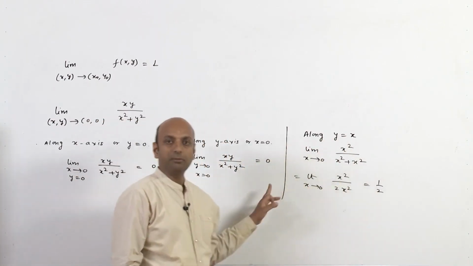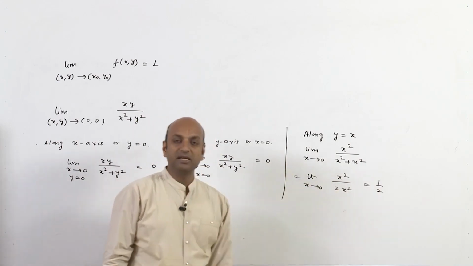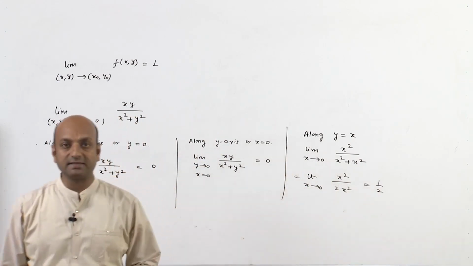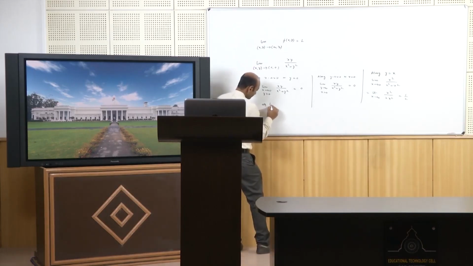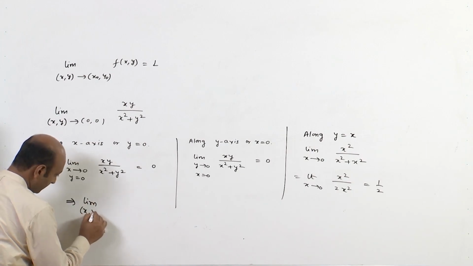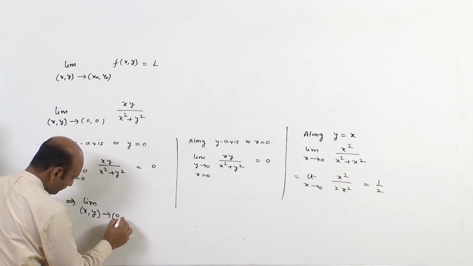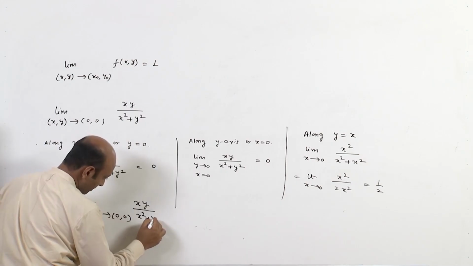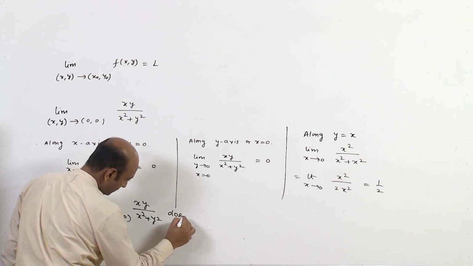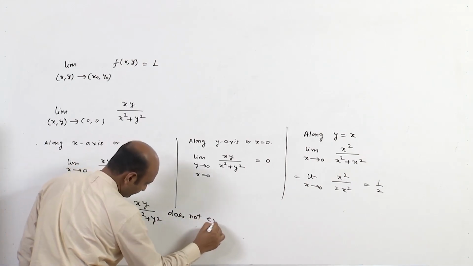So, the values are not the same, they are different. This means this limit does not exist. So, we can simply say this implies the limit as xy tends to 0 0 of xy upon x square plus y square does not exist.